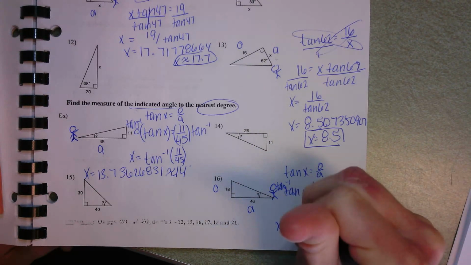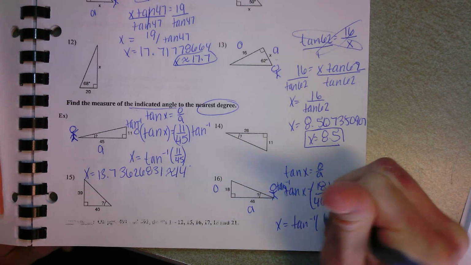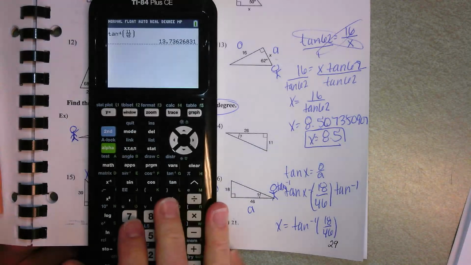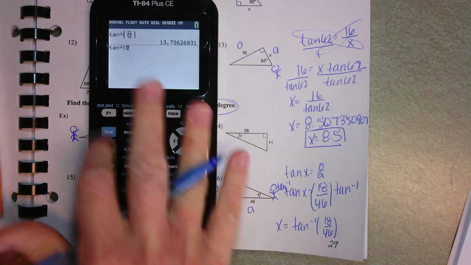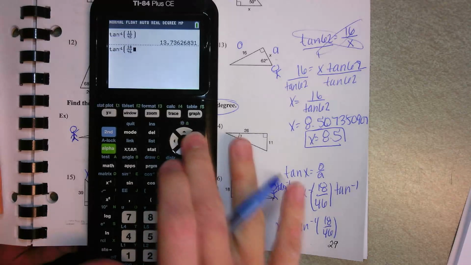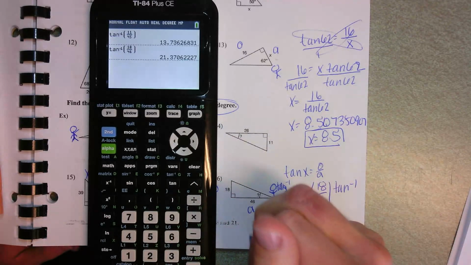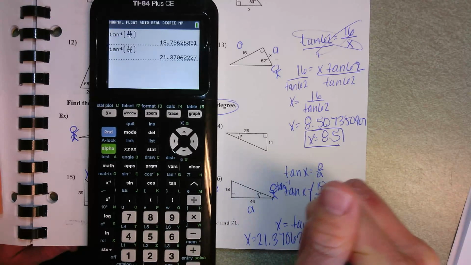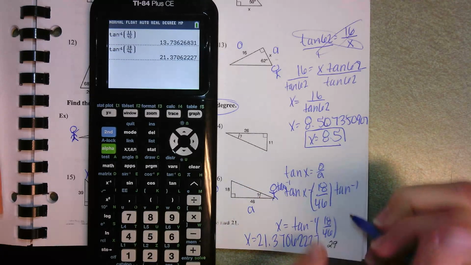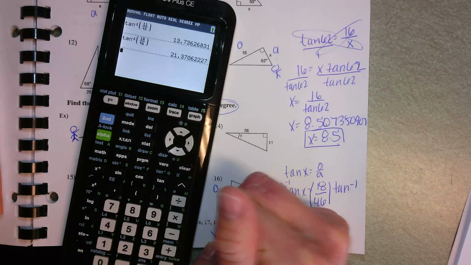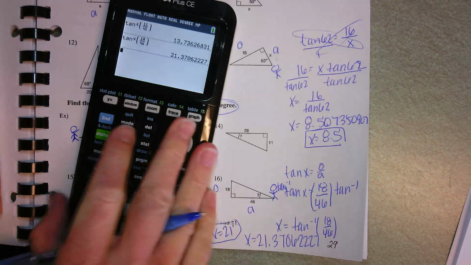So x is equal to tangent inverse of 18 over 46. So x is equal to 21.37062227. So to the nearest degree, x is equal to 21 degrees.